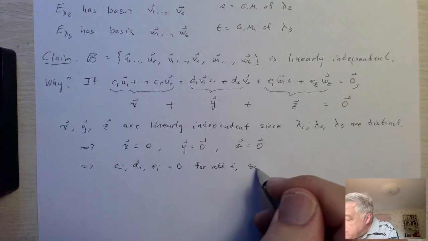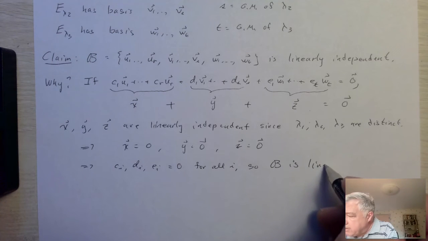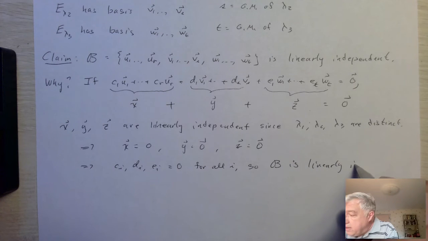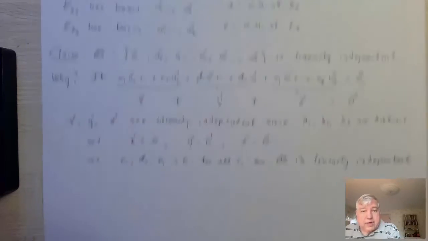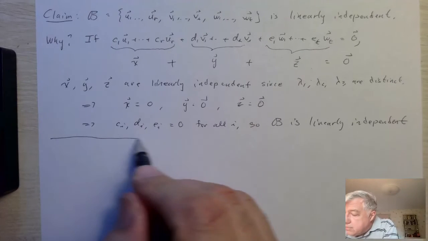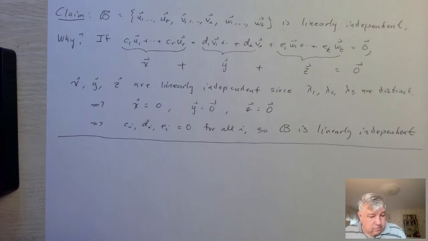So the set beta is linearly independent. That's kind of a big deal.